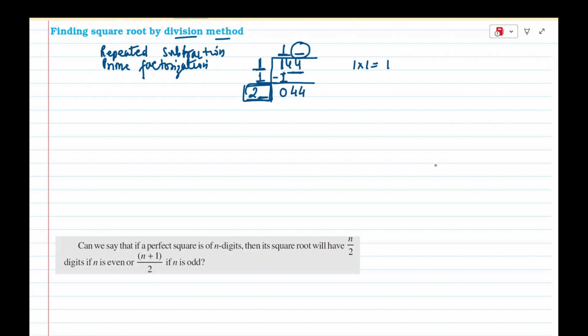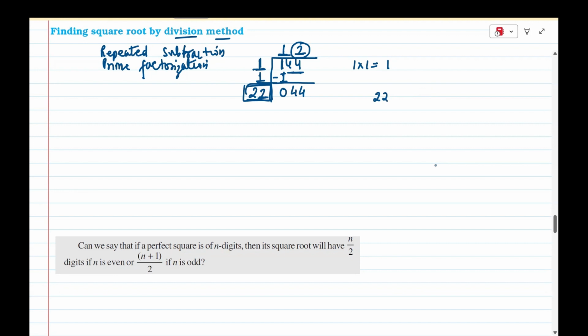So suppose I have 2 over here and I write 1 and 1 here. So 21 into 1 is giving me 21, which is very less than 44. So what I'll write? In place of 1, I will write 2.